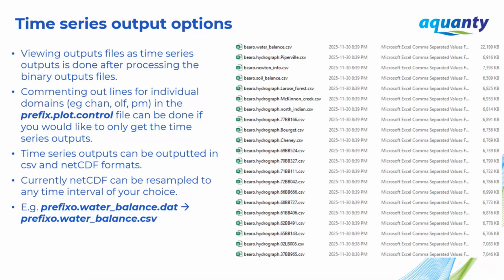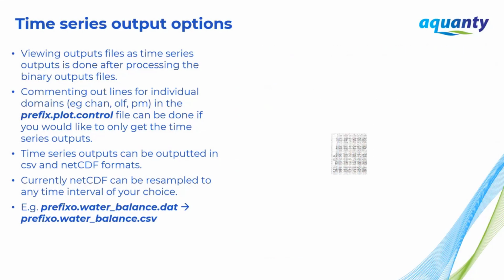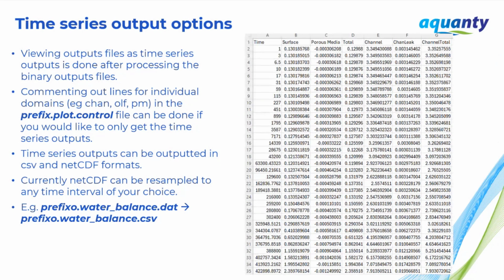Your simulation folder should look something like this, where you see all the individual CSV files converted from .dat files to CSV. It will not delete the .dat files. It will still keep the old default files as is, and it will convert them to CSV files. In this example, I'm opening a hydrograph file, and your hydrograph CSV file looks like this, with the header at the top and all the surface variables.